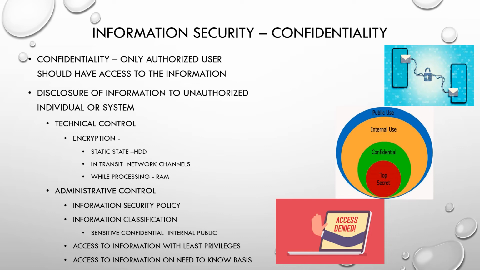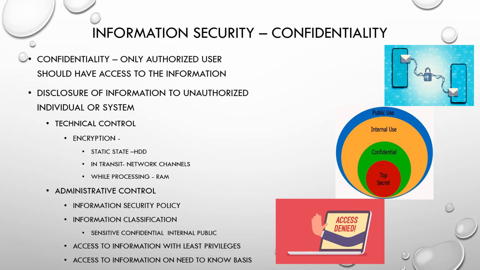Every organization needs to maintain the confidentiality of information. Rather, it is a requirement of the stakeholders. The stakeholders are top management, middle management, operational management, as well as employees, customers, suppliers, government, and so on.